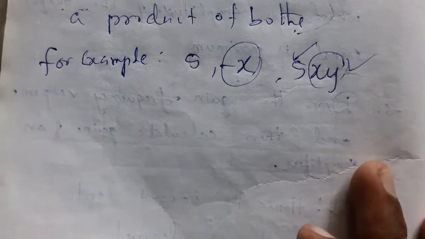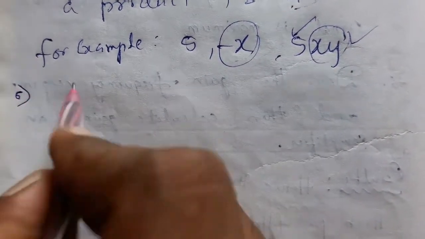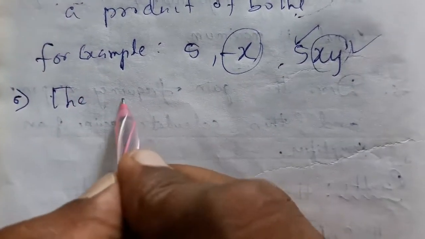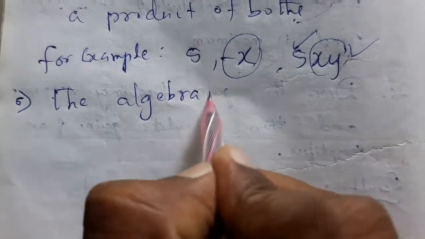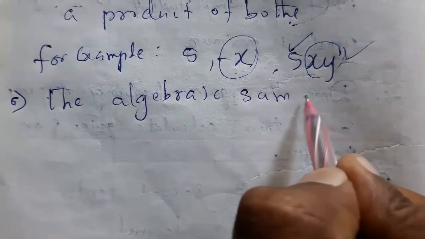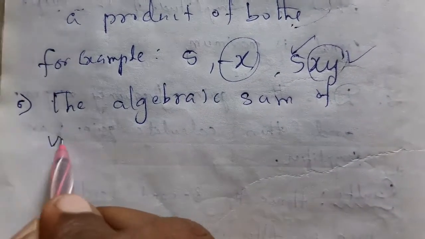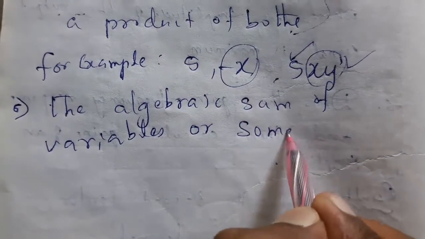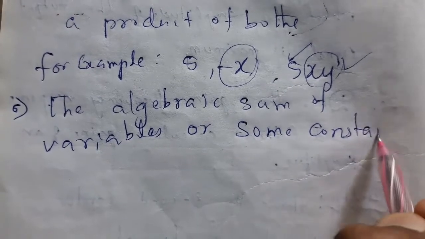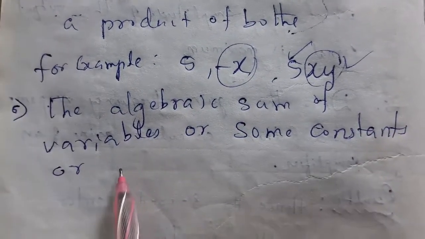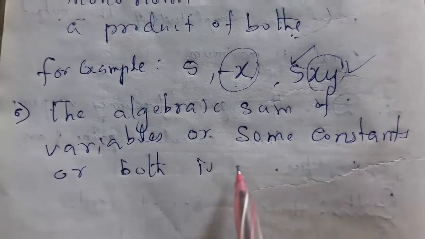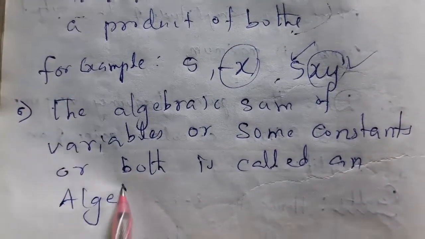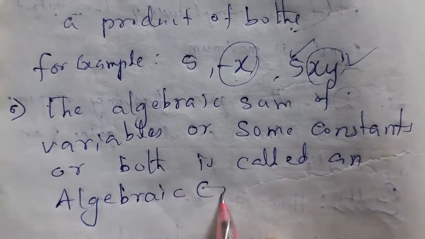Next point, the algebraic sum of variables or constants or both is called an algebraic expression.